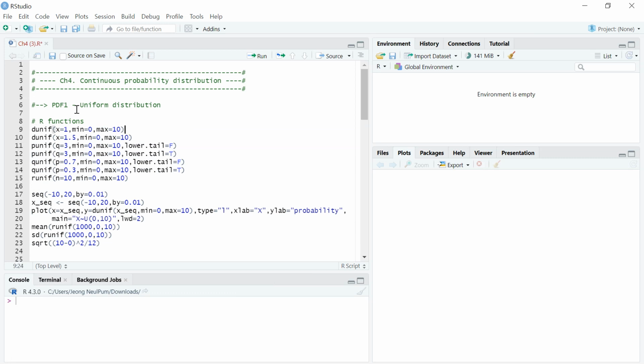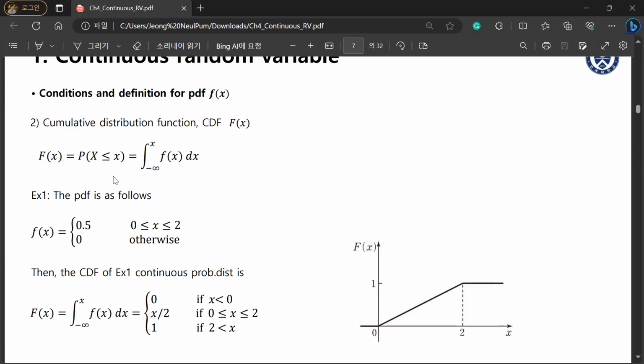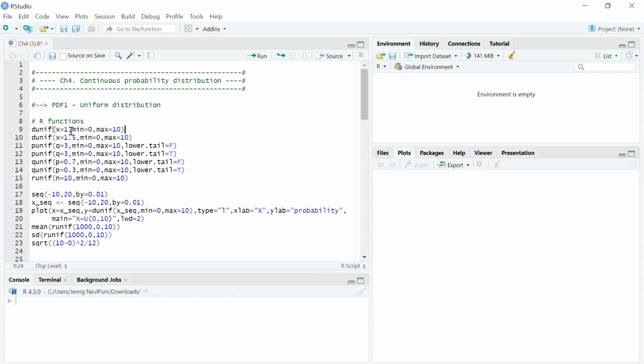As you already know, the uniform distribution always needs two parameters, which are the minimum value and the maximum value. So when we are dealing with a uniform distribution, with the d, p, q, or r function, we always have to set these parameters, the minimum and maximum value of the uniform distribution, and also put in our argument x.